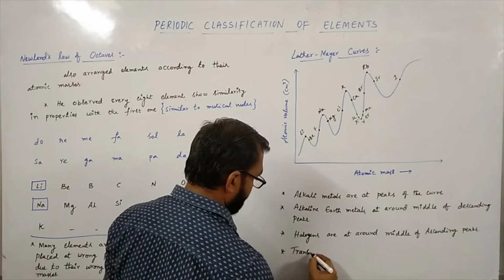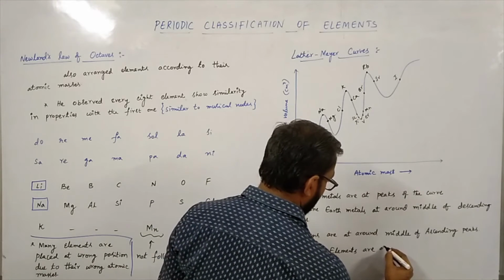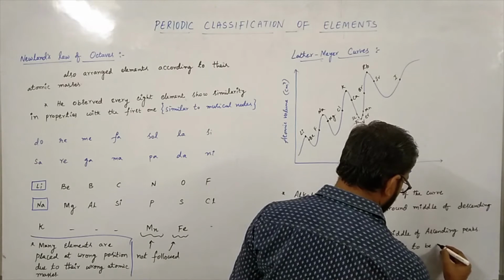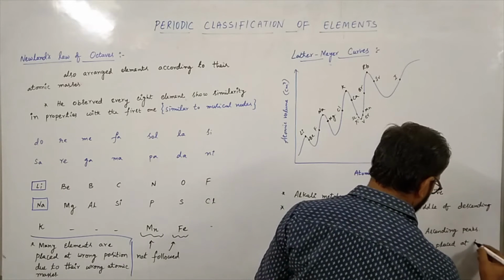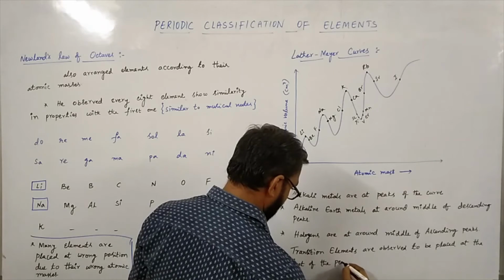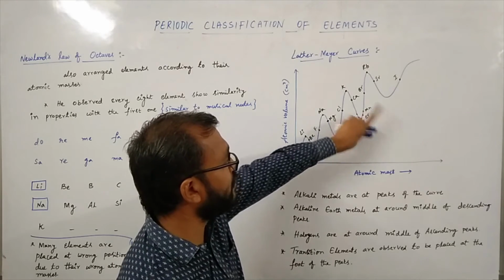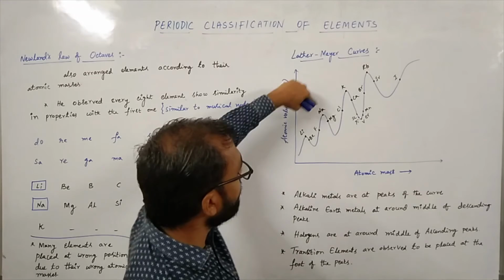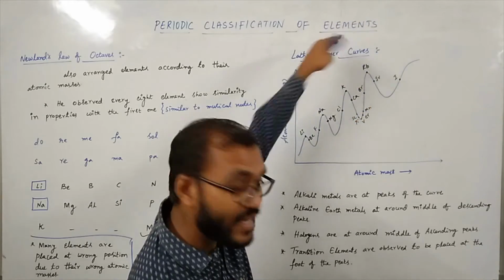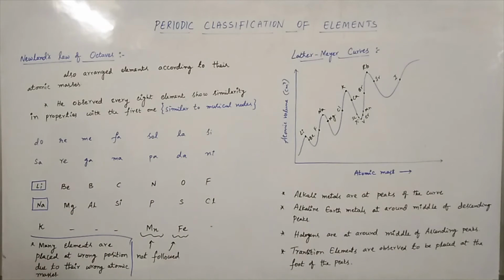Transition elements are observed to be placed at the foot of the peaks. So, at the foot of the peaks, they have observed transition elements. Alkali metals are observed at the peaks. Alkaline earth metals are observed at around the middle of the descending peaks. Halogens are observed at around the middle of ascending peaks.